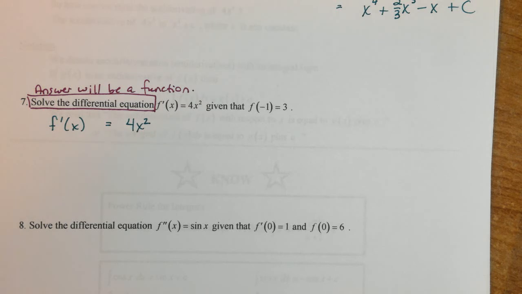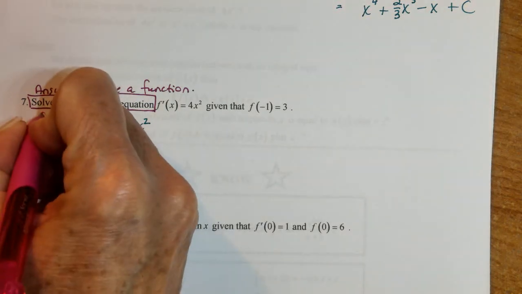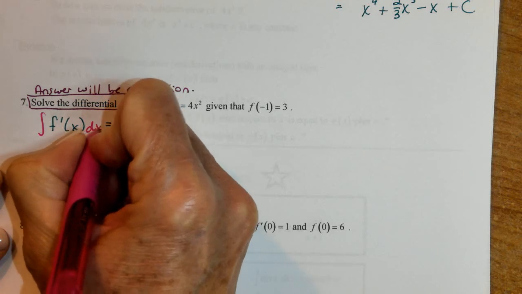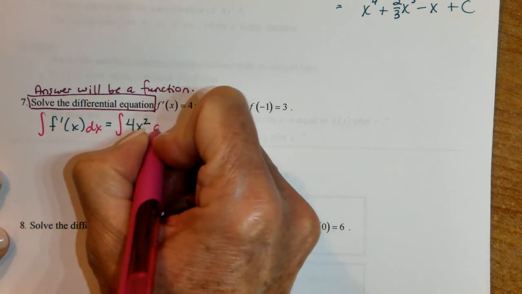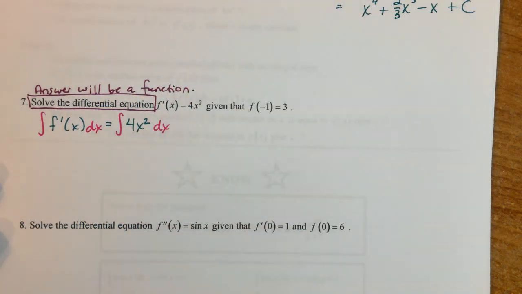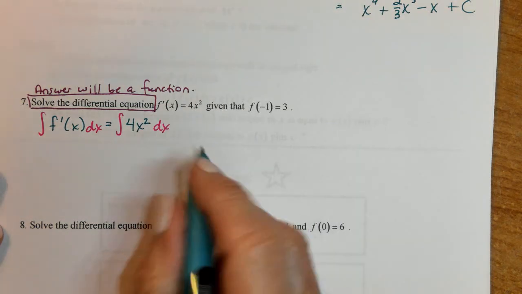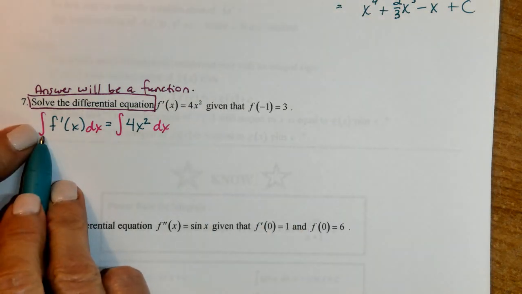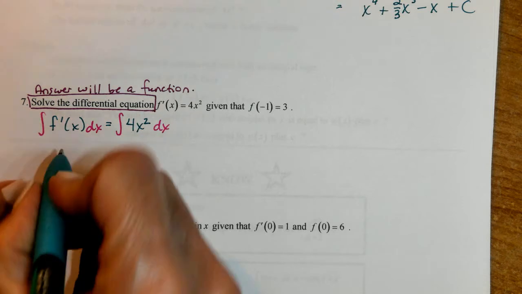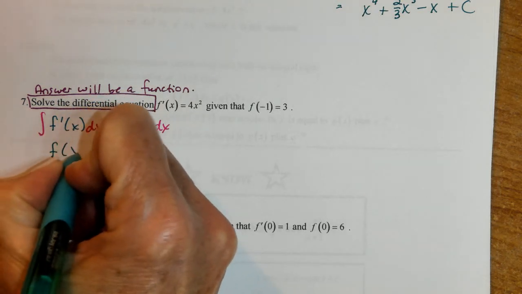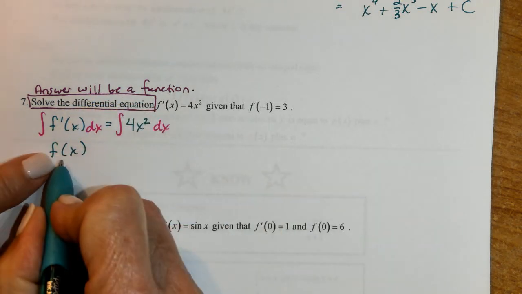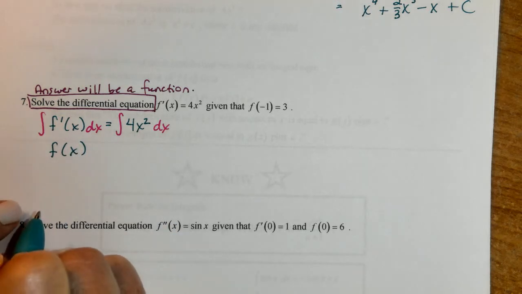I'm going to treat this like an equation where we do the same thing to each side. So I'm going to take the integral of each side with respect to x. The antiderivative of f prime is back to f, because the derivative of f is f prime.